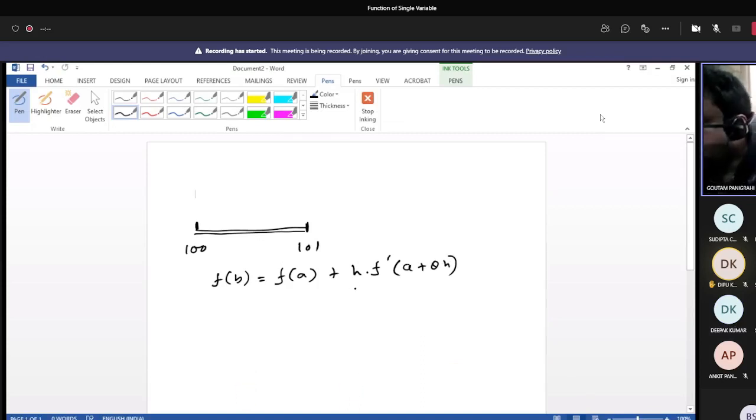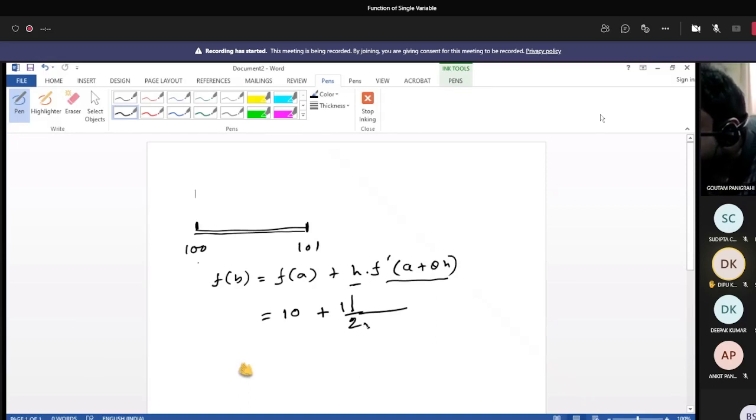Here h is 101 minus 100, that is 1, and f(A) is root over 100, into f'(A + theta h). So x to the power half, so half x to the power half minus 1, so 1 by 2 root.